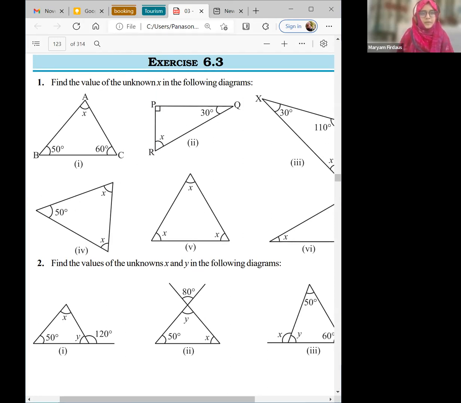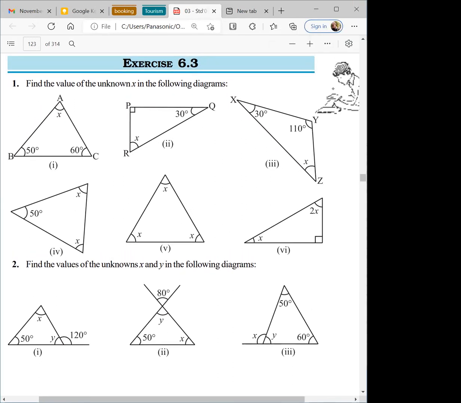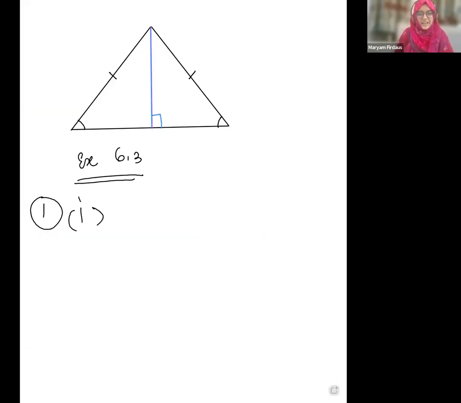Okay, Hiba. Tell me the first one. Will it be 50 plus 60 gives x? 50 plus 60. Hiba, what is the angle sum property? X plus 50 gives 60. Hiba. Okay, wait. Just let me remind you.